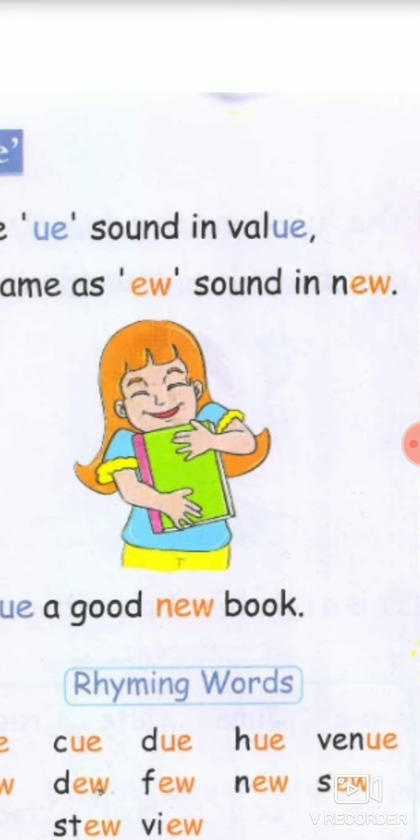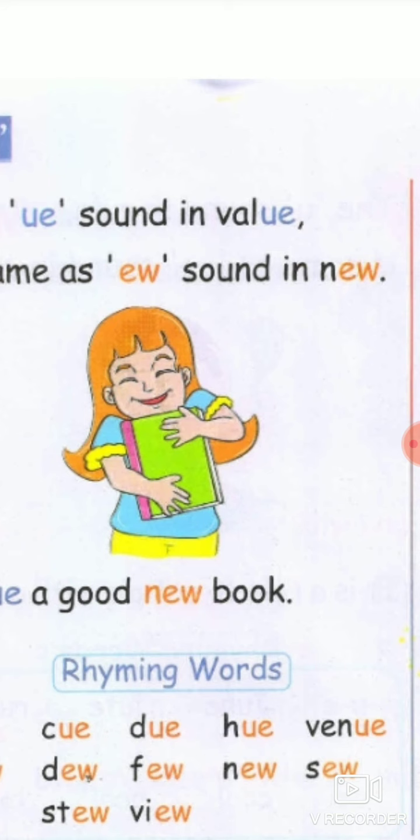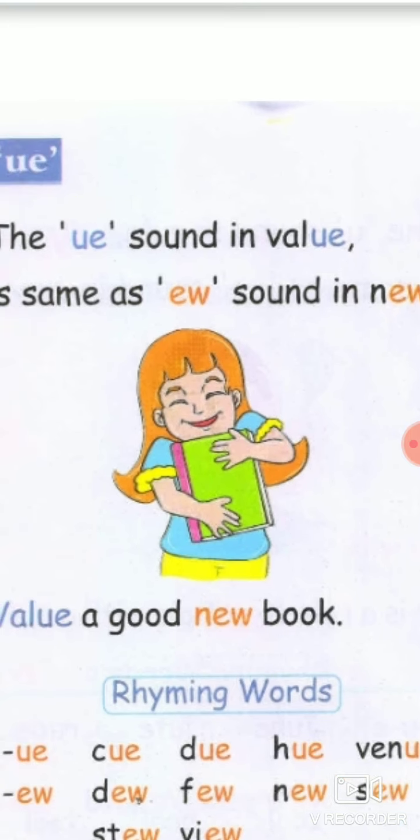What is it saying? It is saying that the sound of UE in value is same as in new. जो वैल्यू में साउंड आ रहा है UE का, वही EW का साउंड है न्यू में. Both are giving the same sound.